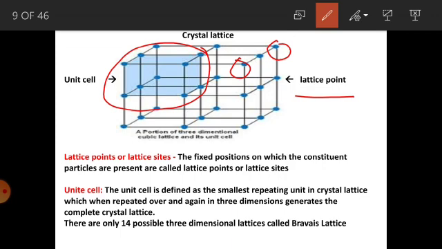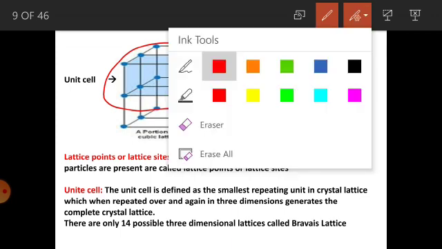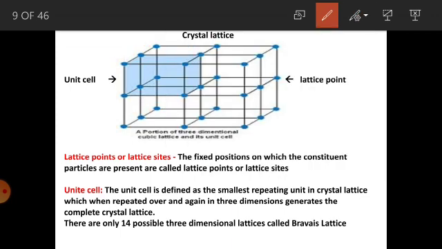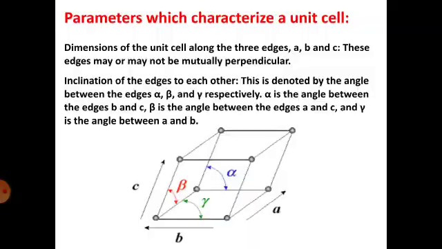In order to construct a building, we use bricks, and bricks are repeated in all directions to construct the building. In a similar manner, in order to generate the crystal, we have to repeat this unit cell in all directions. There are only 14 possible three-dimensional lattices called Bravais lattices.